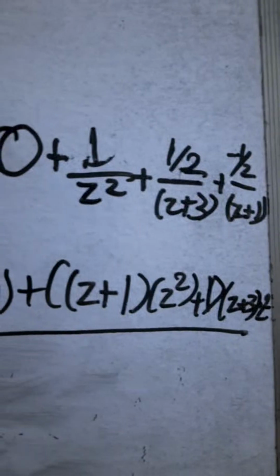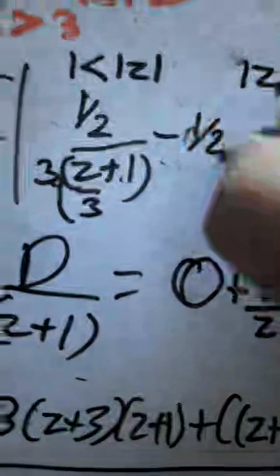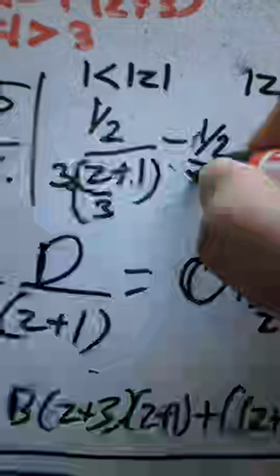So this won't be plus, this would be minus actually, because this is minus half. Then I would take out z, like I would divide it on both sides, right? So z by z is 1 and 1 by z is 1 by z.